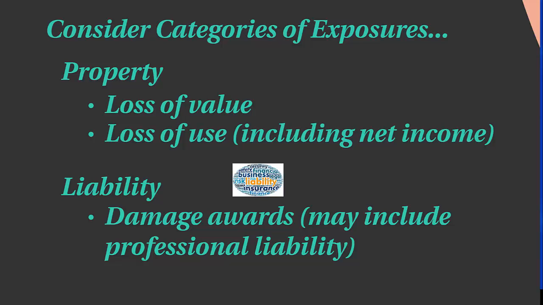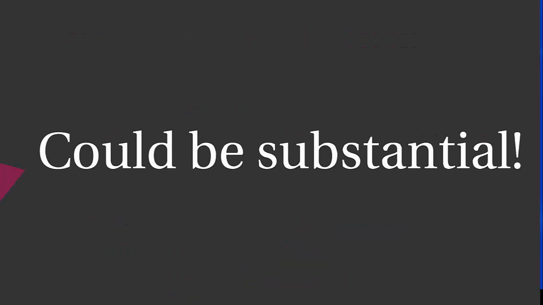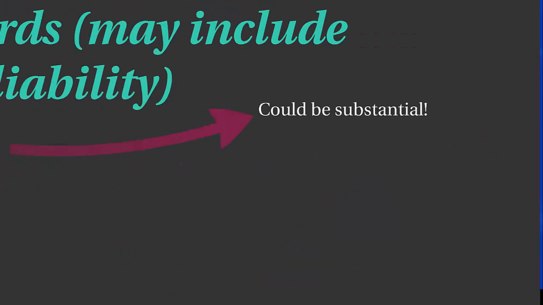It may include professional liability as well, such as you give bad advice to a client and the client loses money because of your bad advice. You might be professionally liable for their damages. And then it also includes defense cost. Most of the time, insurance pays for the defense cost in order to defend their insured when they've been sued. And these defense costs can be quite substantial.